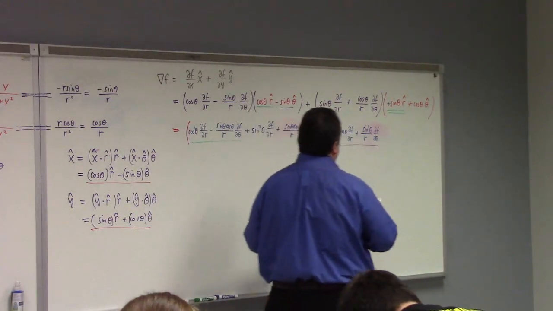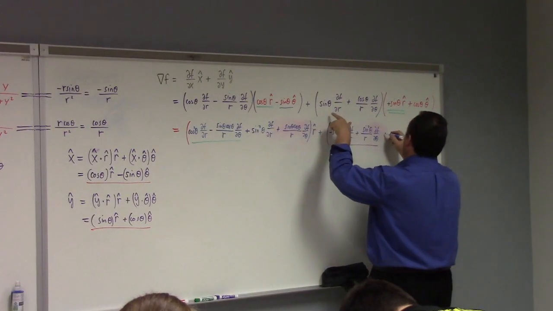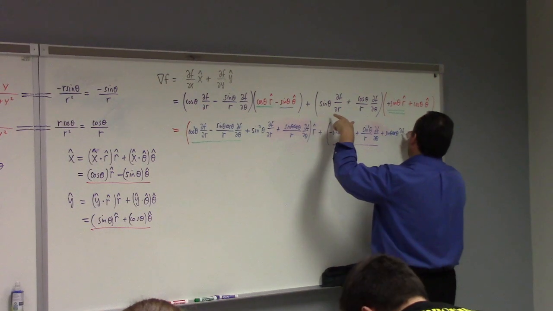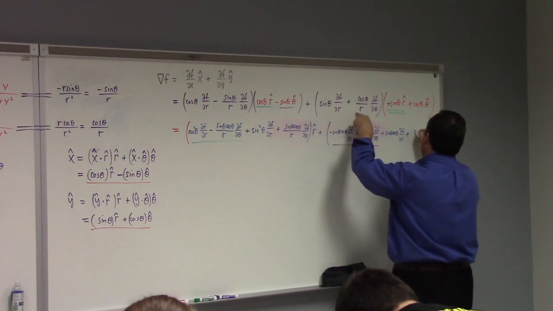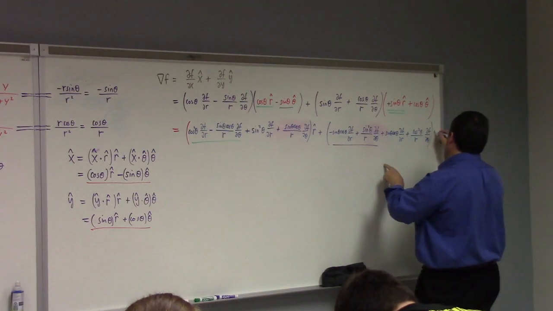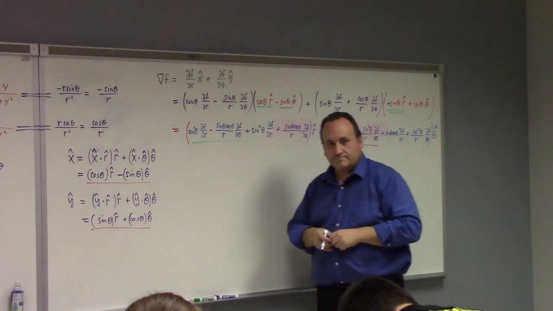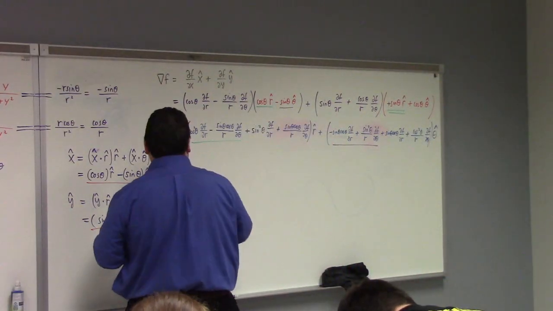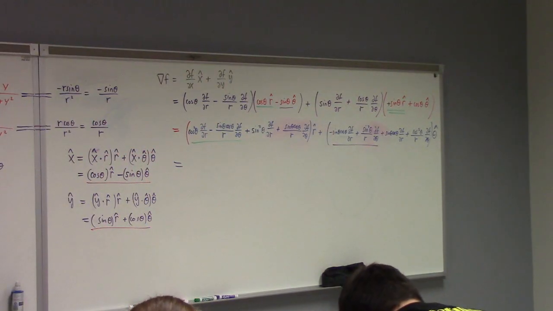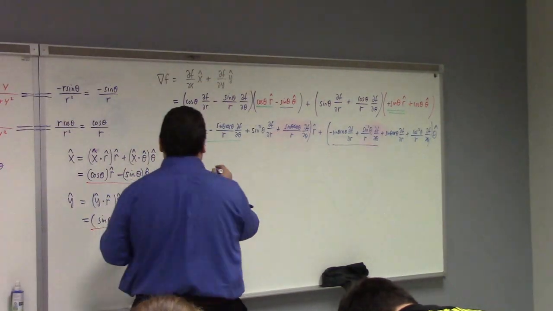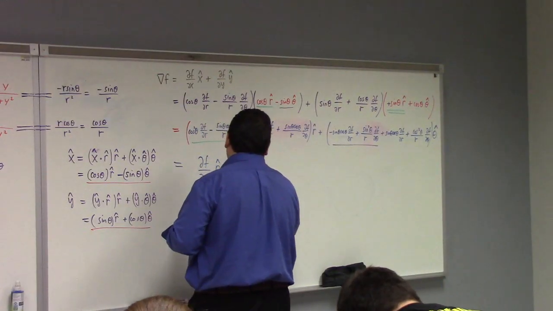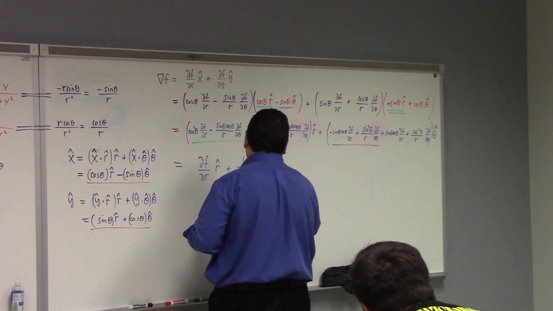And then from this one, plus sine theta cosine theta partial f partial r, plus cosine squared theta over r partial f partial theta, all with a theta hat. And what do we get? Lots of stuff cancels here. So what we end up with is simply partial f partial r r hat plus 1 over r partial f partial theta theta hat.